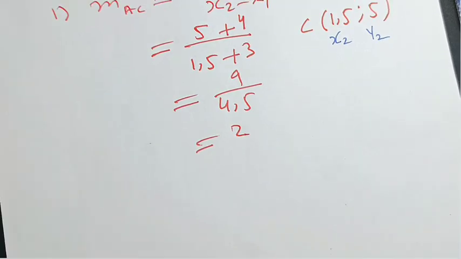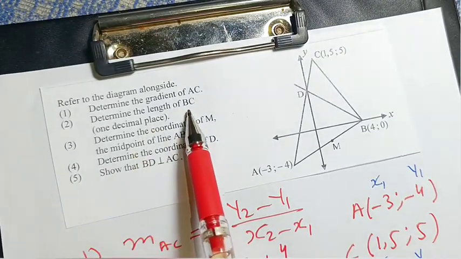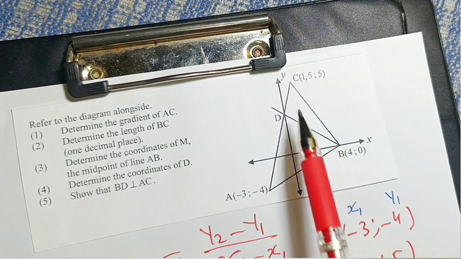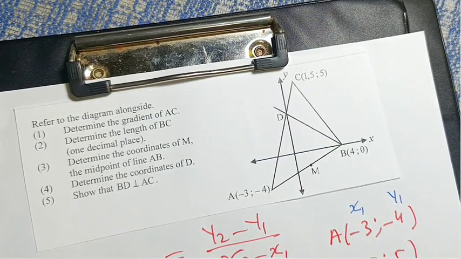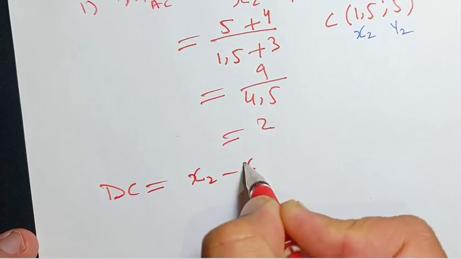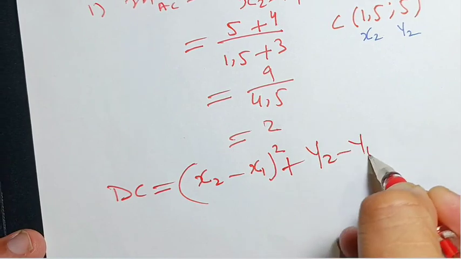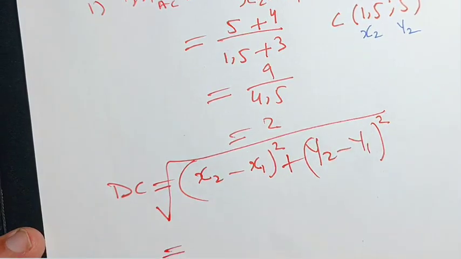Now the second question says determine the length of BC. So have a look at the BC length. We're going to apply the distance formula: the square root of x2 minus x1 squared plus y2 minus y1 squared.